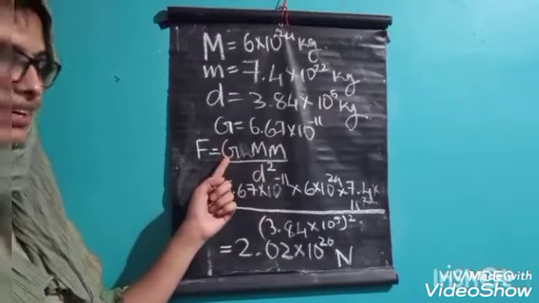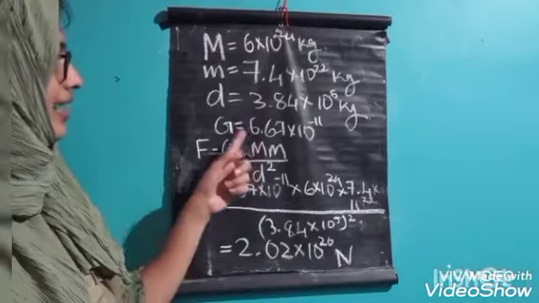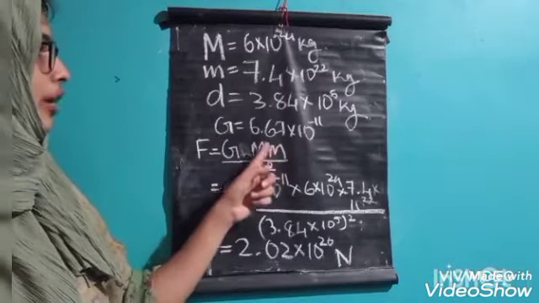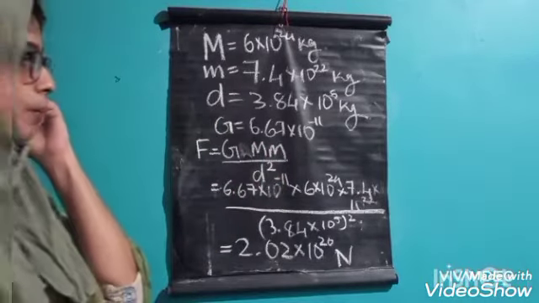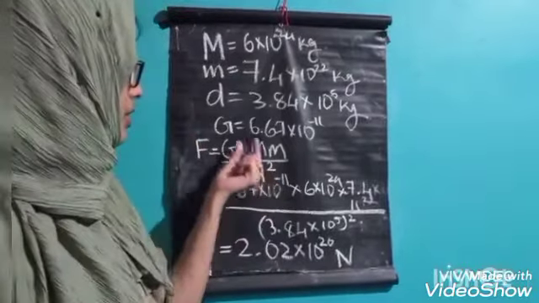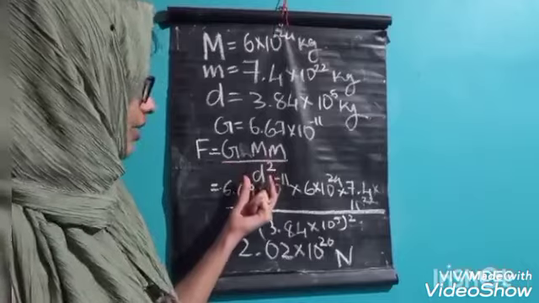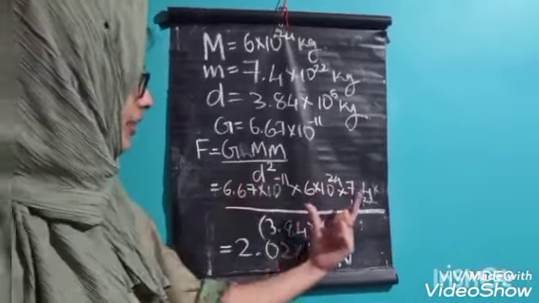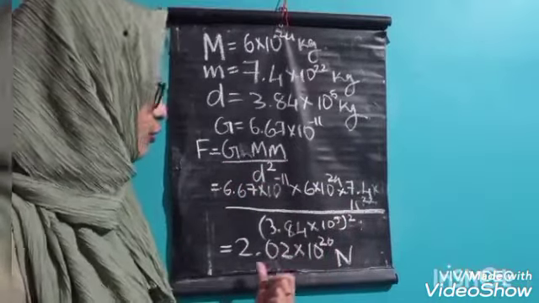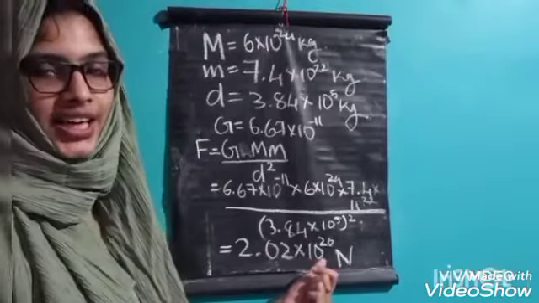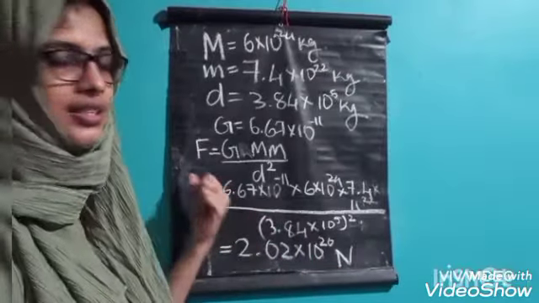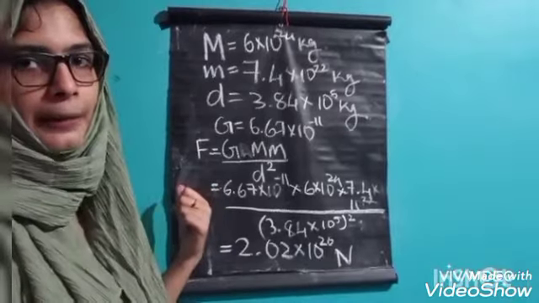G is the universal gravitation constant, M is the mass of earth, small m is the mass of moon, and the distance between earth and moon is D. By substituting the values, we get 2.02 into 10 raised to 20 Newton. Newton is the unit of force. Hope you understand this. Then we do the next problem.